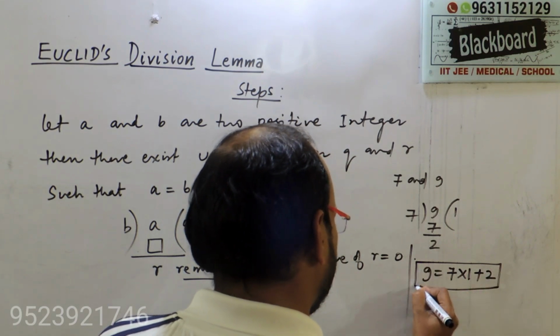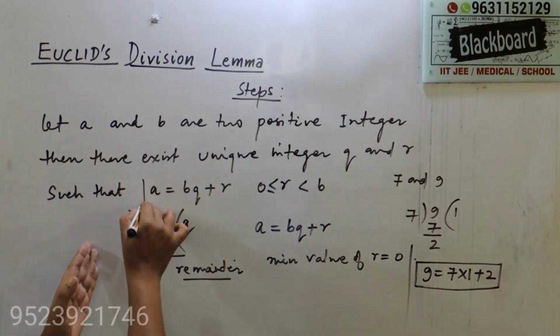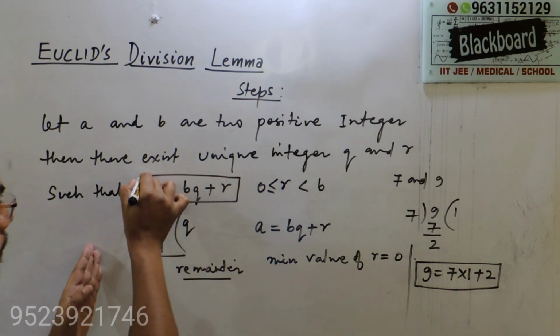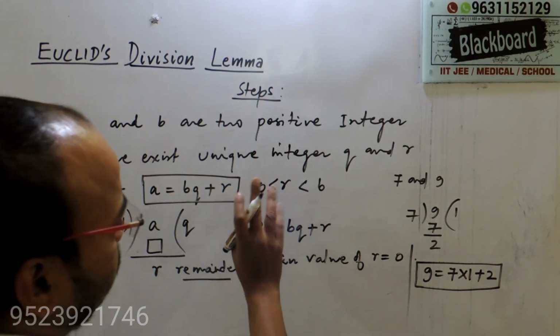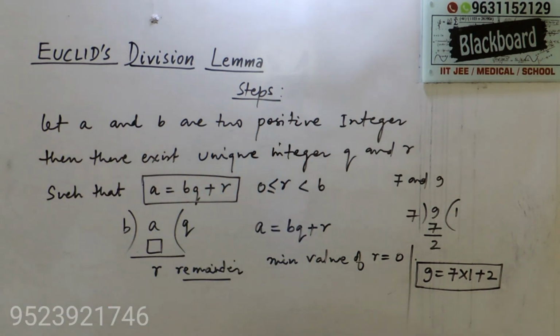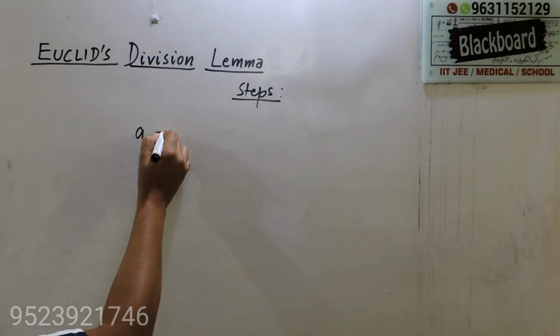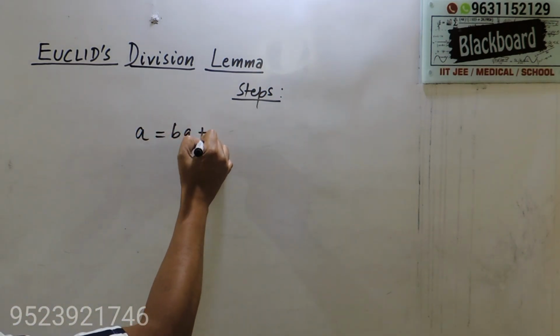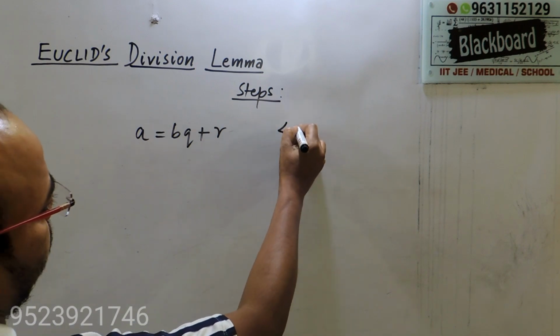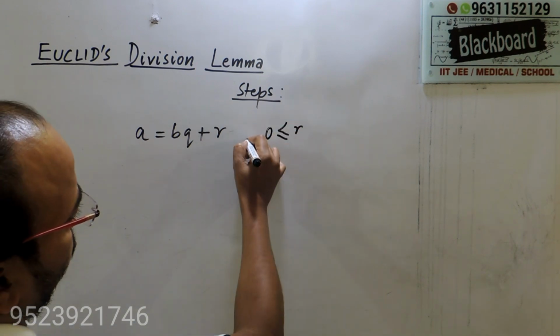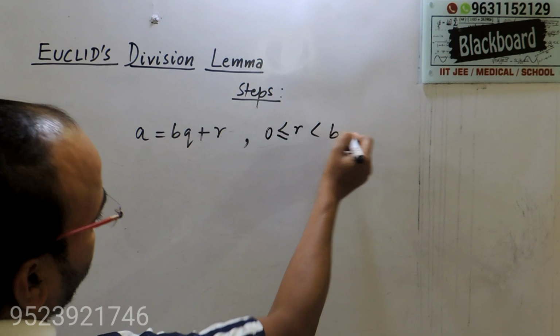And this is the format. इसी format को यहाँ पर लिखा गया है. ठीक है. And here r is greater than or equal to 0 and less than b. We can write any two positive numbers in this form: a equals bq plus r, where r is greater than or equal to 0 and less than b.